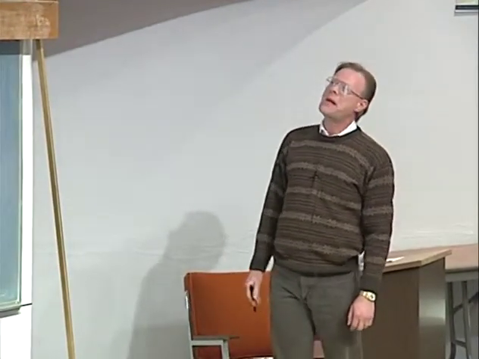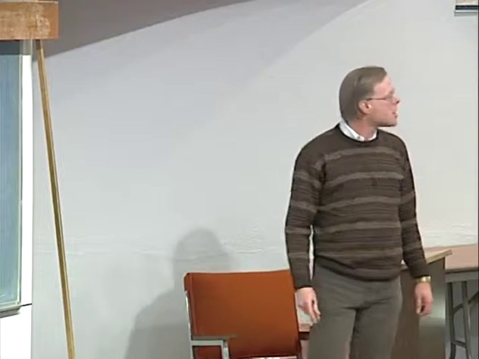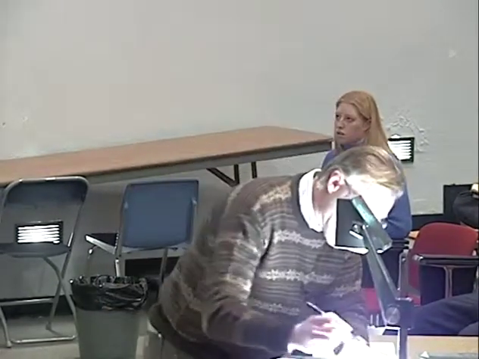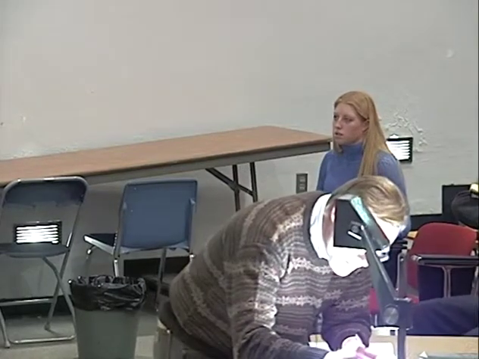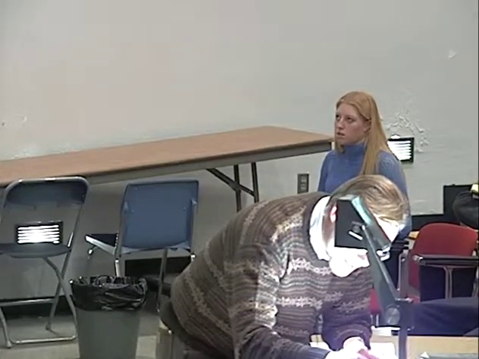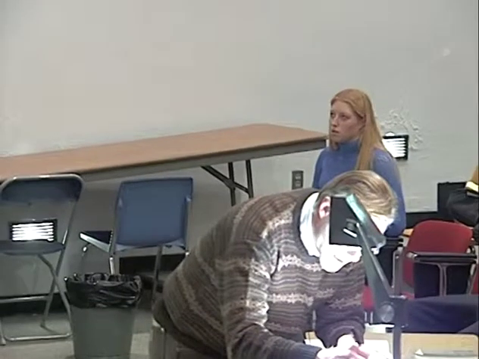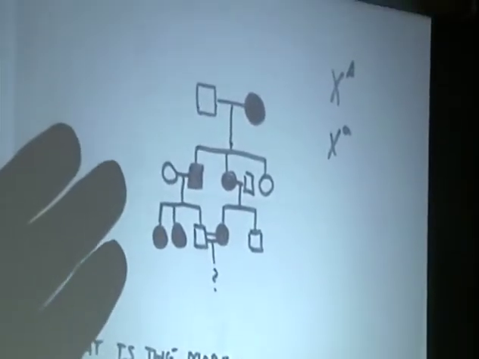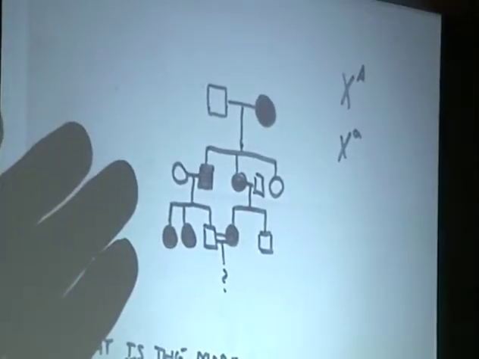Okay, so you typically figure that these affected females are going to be heterozygous for the trait. But in fact, we know that this female is heterozygous because she produces an unaffected daughter. So she must be heterozygous. So I'm going to use the symbols X big A and X little a to illustrate both the X chromosomes and the alleles that they carry, either the big A or little a allele, the dominant or recessive allele.